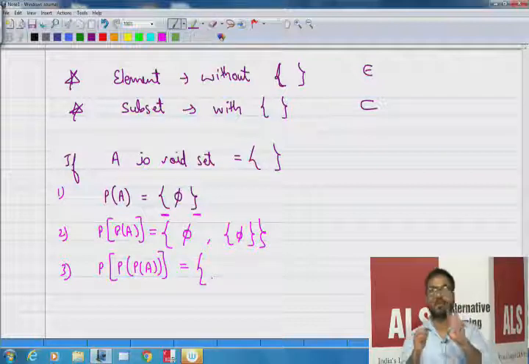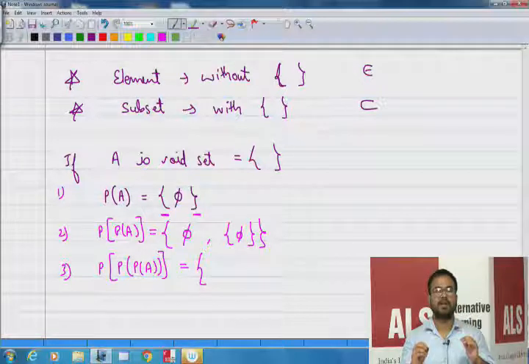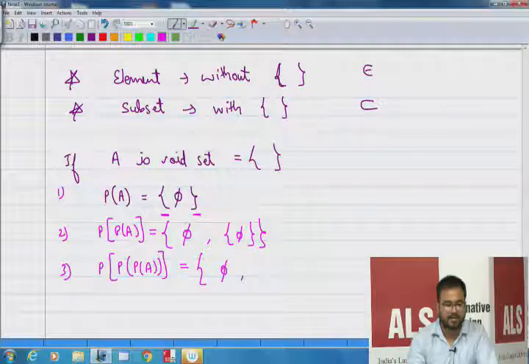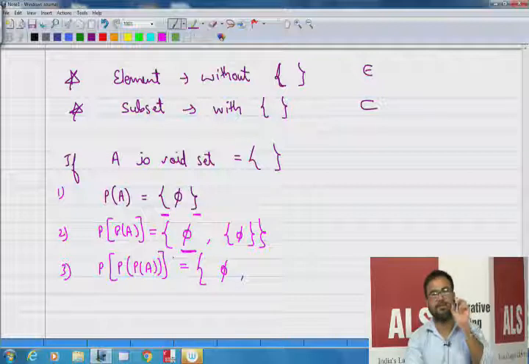first there are two elements in this one. Now you will write phi, which will always be there, and now this first element would be written in the curly braces.